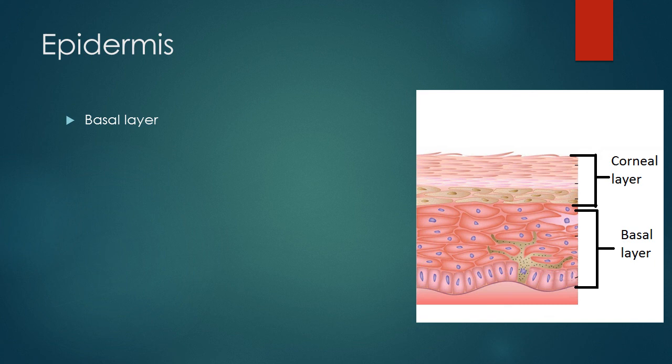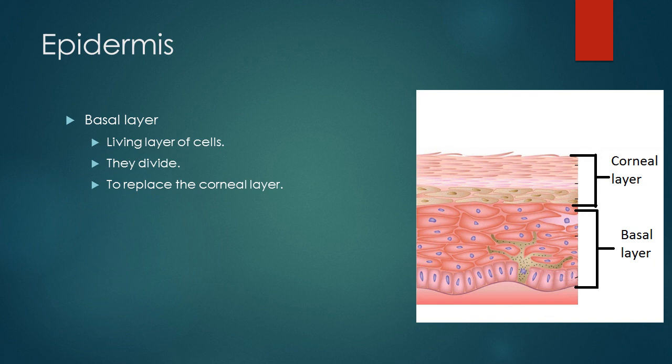Because you can see here the basal layer consists of these nice thick cells, and all they do is they divide, they reproduce. One cell becomes 2 cells, 2 cells becomes 4 cells, and so on. That's all they do. They divide so they can become a corneal layer.